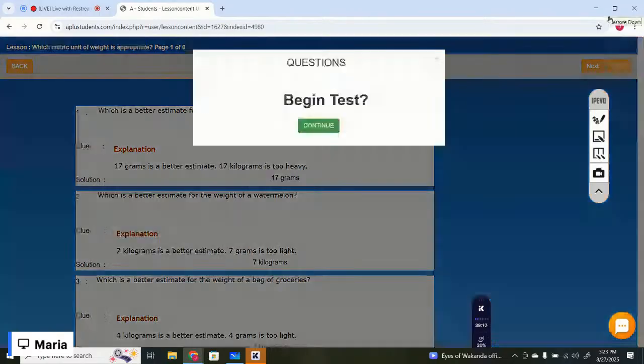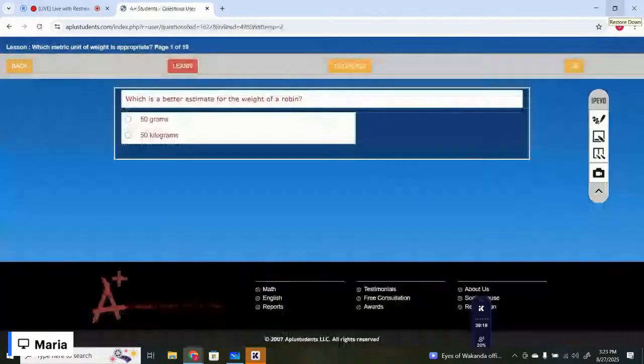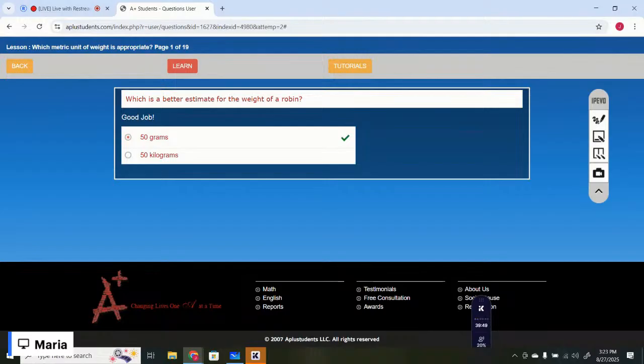Let's just start with the test questions. Which is a better estimate for the weight of a robin? That is 50 grams. Option 1 is the correct option.